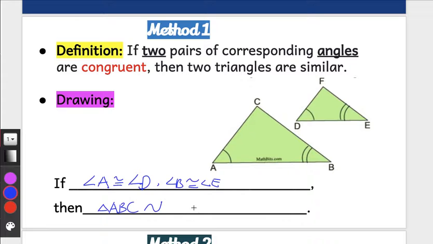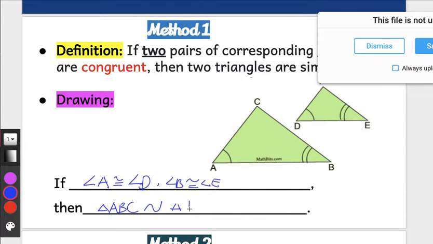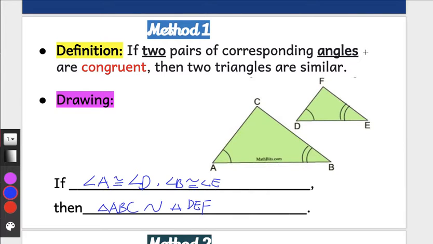Do not forget this is the similar symbol. So that's how we prove the 2 triangles similar for the first method, which we call AA similarity. As you can see, AA stands for 2 pairs of angles.